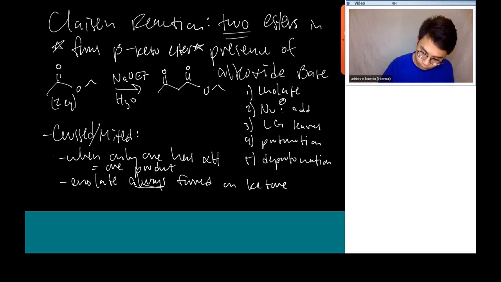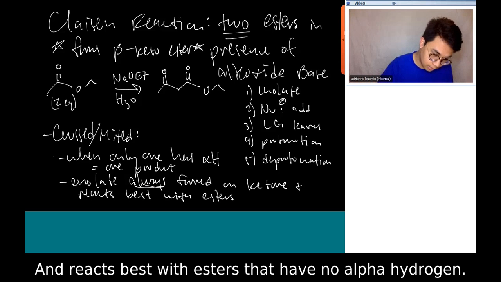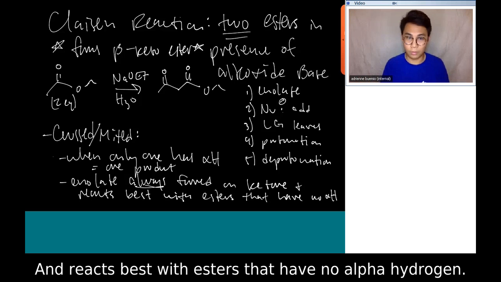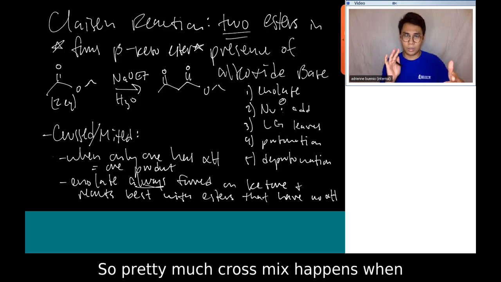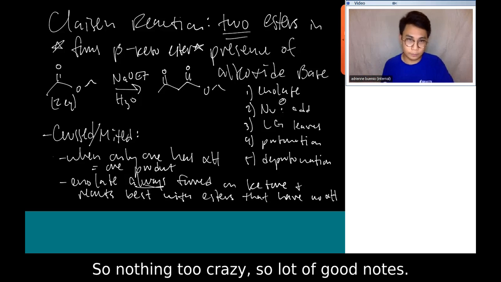And it reacts best with esters that have no alpha hydrogen. So pretty much the crossed mix happens when there's only one alpha hydrogen and that's on the ketone. So nothing too crazy. So lots of good notes.